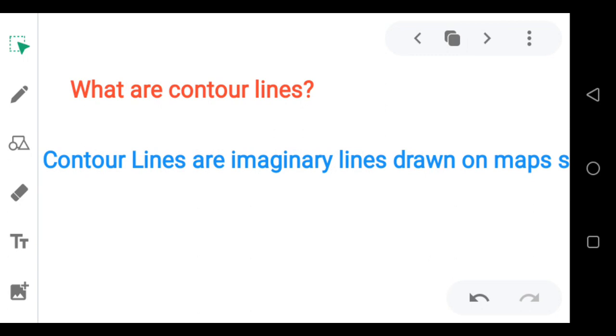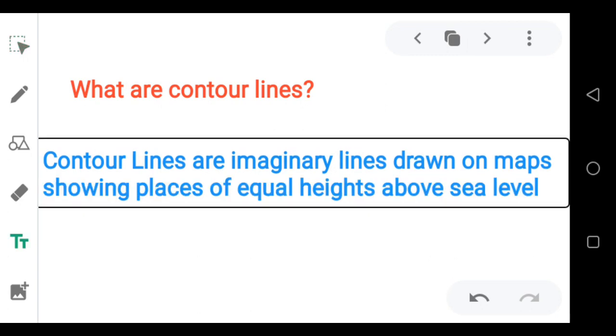What are contour lines? Contour lines are imaginary lines drawn on maps, showing places of equal heights above sea level.